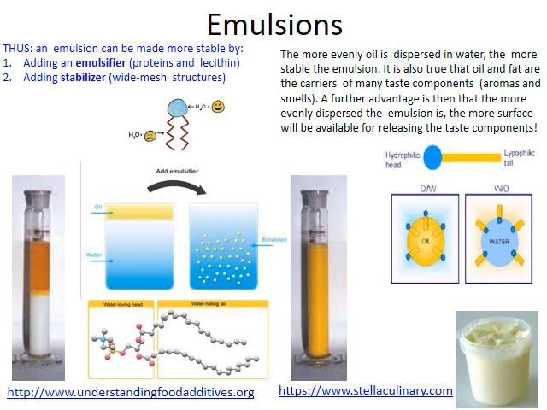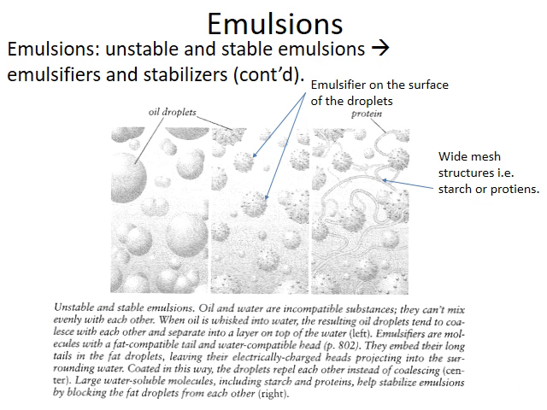There is another way to make a very, very stable emulsion, and that's called a stabilized emulsion, and therefore we need a stabilizer. So how do we make a stabilized stable emulsion? We start using those products with which we can make a very nice mesh network-like structure.